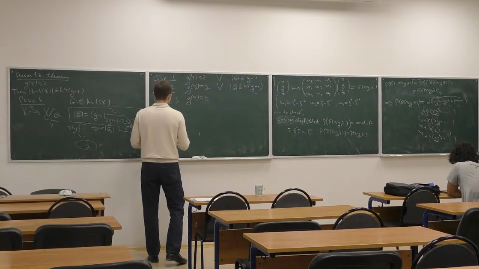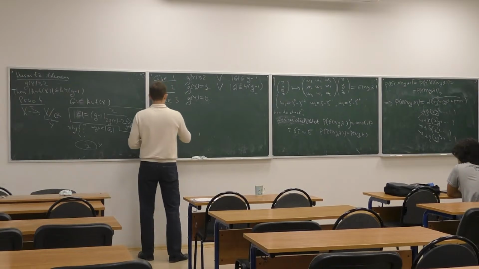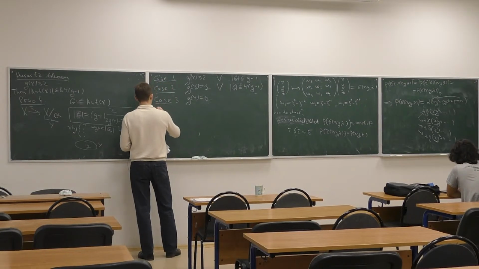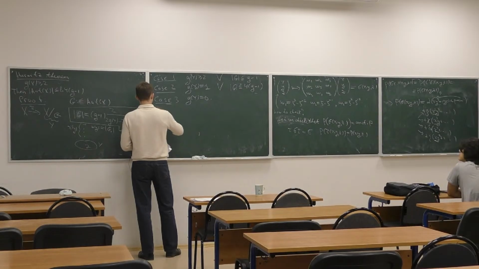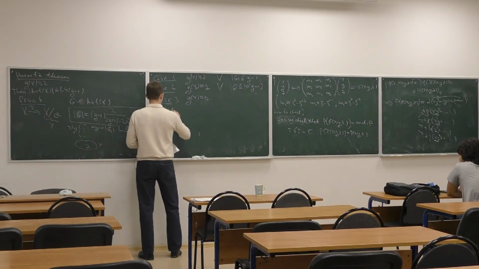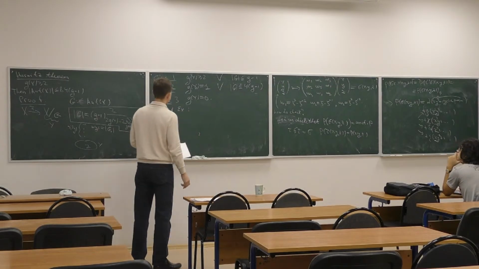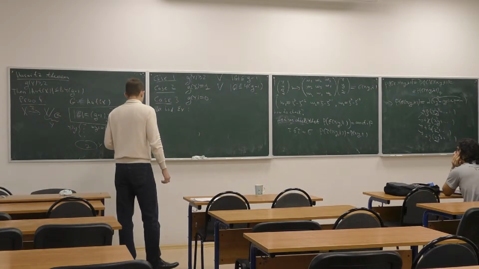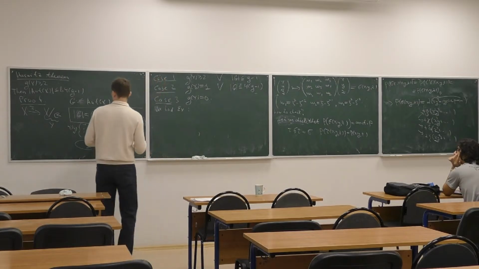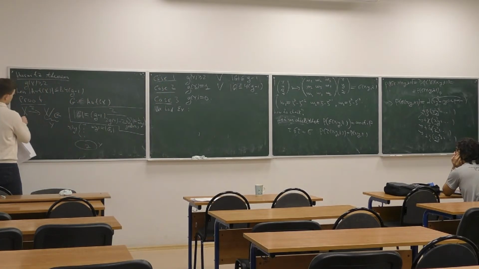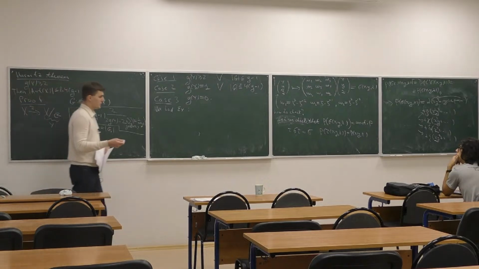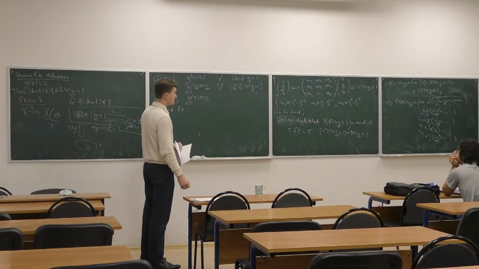Yes, and then we had an exercise saying that if we have a non-constant holomorphic map from a Riemann surface of genus at least 1 to CP1, then the number of critical points is at least 3.